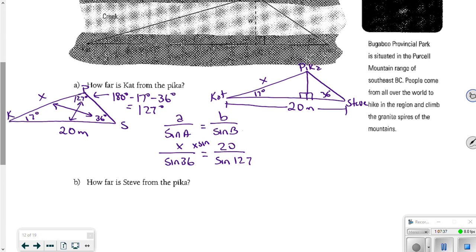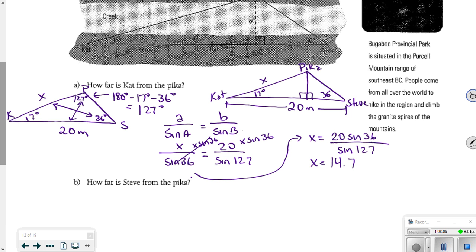Times by sine 36 to get the x by itself. I'm going to put it over here. So x is going to be 14.7. Originally I had meters in the question, so 14.7 meters. Kat is 14.7 meters away from the pika.